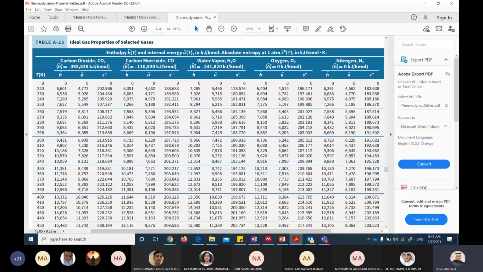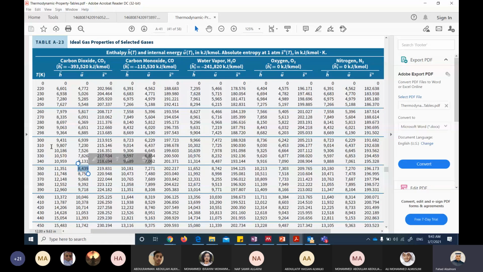So let's look here. This is carbon monoxide. I have 300 Kelvin, so I can find U at 300 Kelvin. I have 350, so I can find U at 350.